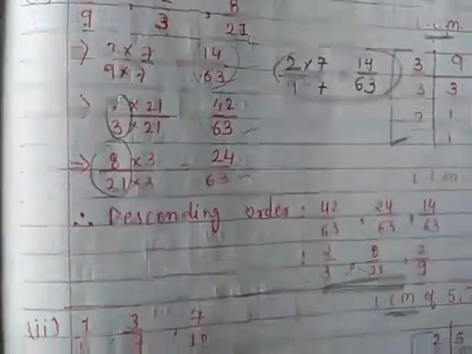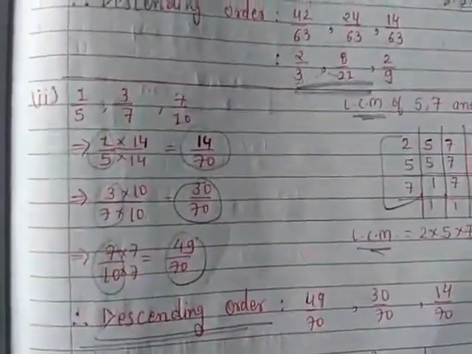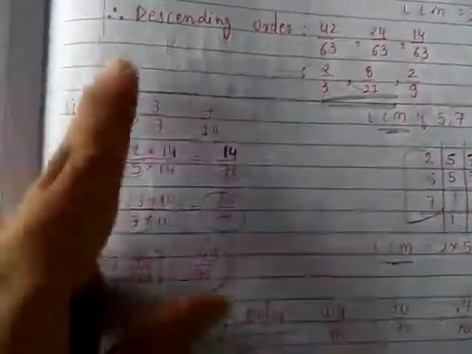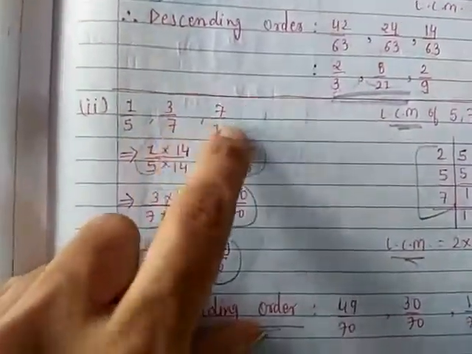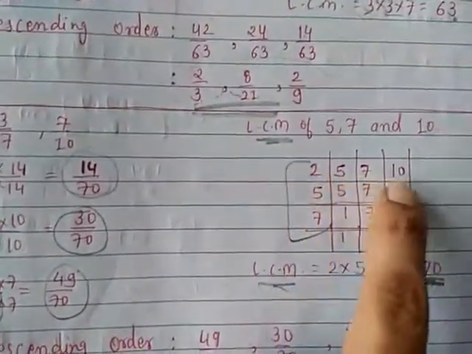Clear, students? Now see the next question. Question number 2: 1 upon 5, 3 upon 7 and 7 upon 10. Here also all the denominators are not the same. So what do we need to do? We need to find the LCM.